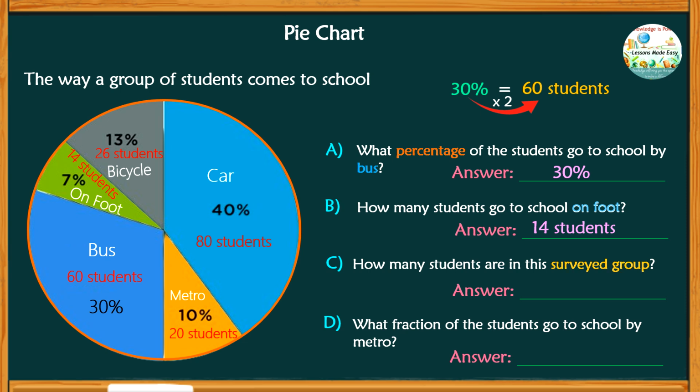Let's add 14 plus 26 plus 80 plus 20 and 60. We get a total of 200 students. So for our last question, what fraction of the students go to school by metro? That would be 20 out of 200 or 1 over 10.